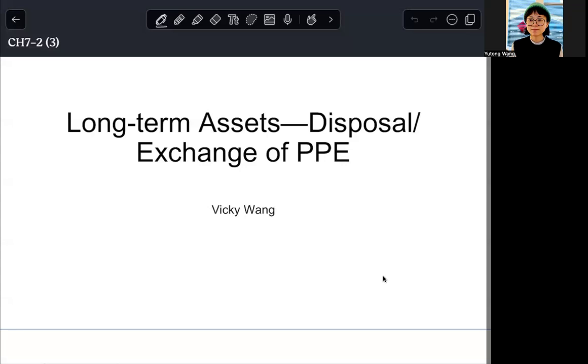Then you calculate the depreciation expense: the book value at the beginning of this year minus the book value at the end, which is the residual value. So that's equal to the depreciation expense. Okay, so that's all for last course. Let's jump into today's course.